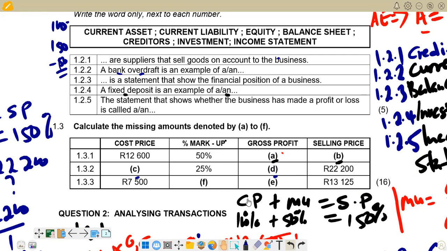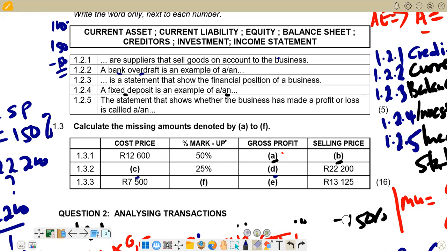But remember, we have indicated how we can represent those figures in terms of percentages. We can start with E, which is our gross profit. It becomes simple now because we have our cost price and our selling price. To find the gross profit, we use the formula: gross profit is equal to selling price minus cost price.